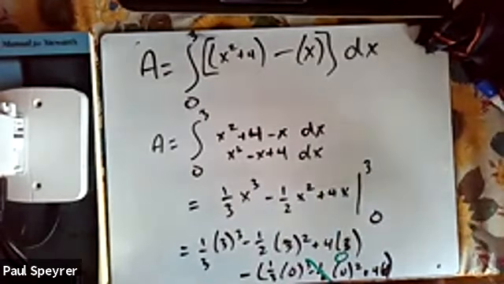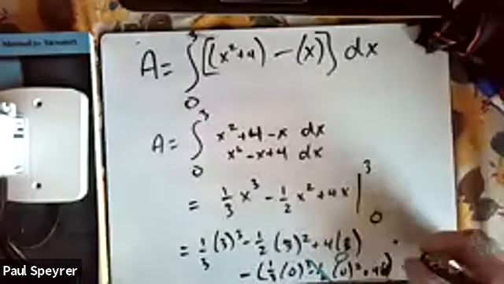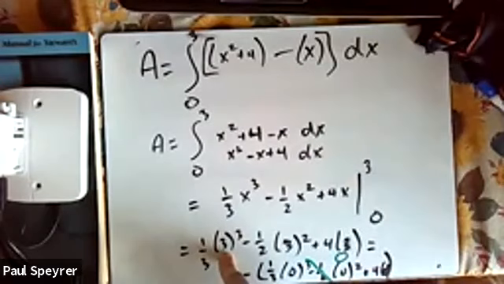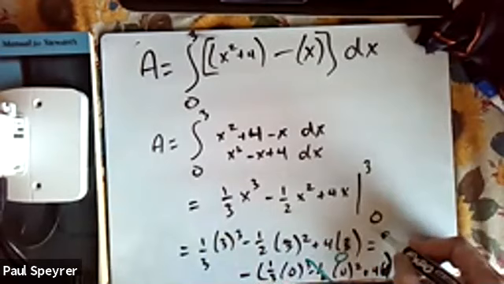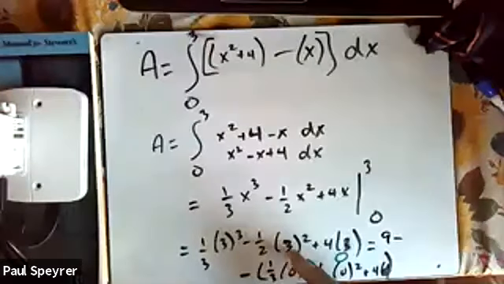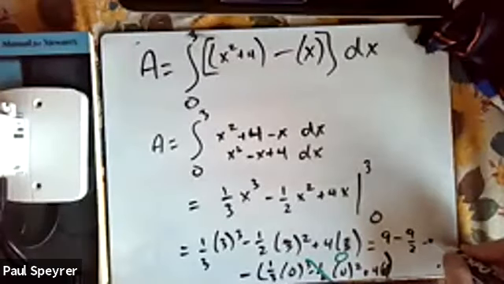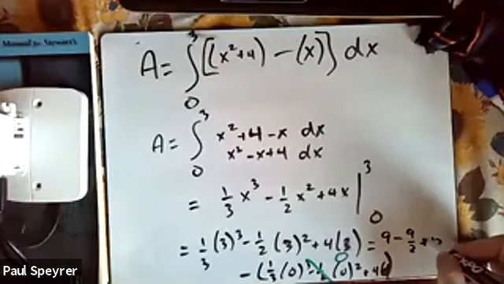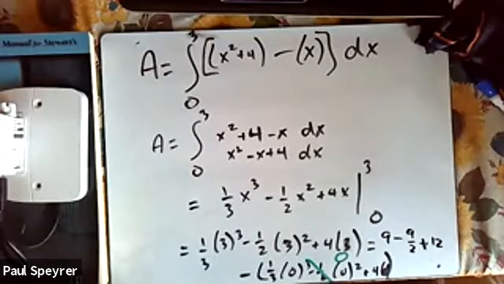And remember, if you want, you can use a calculator. Right? Well, we know that 3 cubed is 27 times 1/3 is 9. So we get 9 minus 9 halves plus 12.